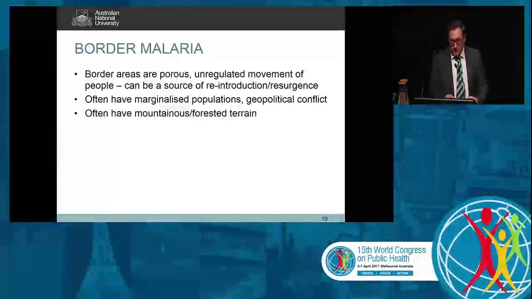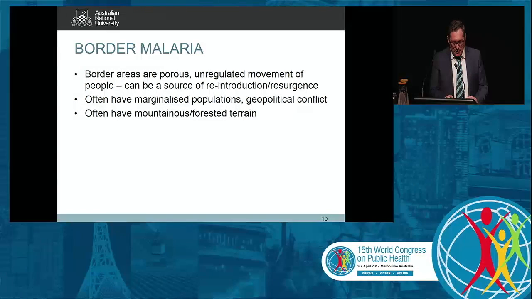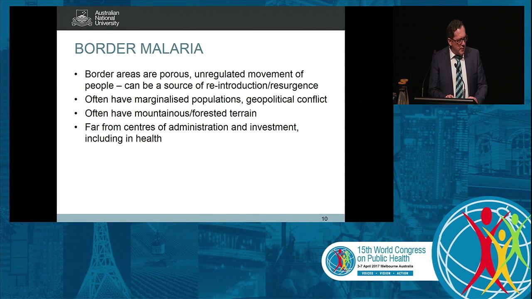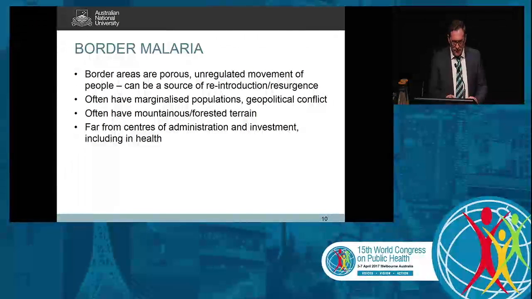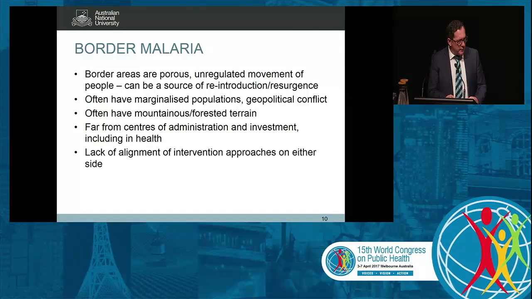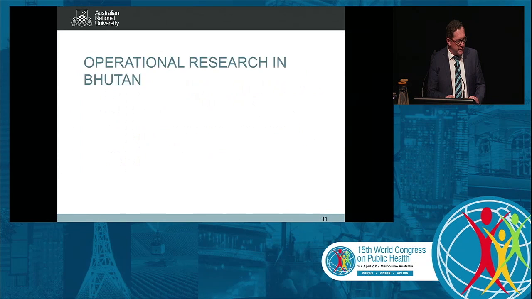Also the terrain is conducive to the transmission of malaria and non-conducive to the delivery of interventions. And these areas tend to be far from centres of administration and investment, including in the delivery of healthcare. And also often there's a lack of alignment between intervention strategies between countries on either side of the border, which impacts on efficiency of interventions.